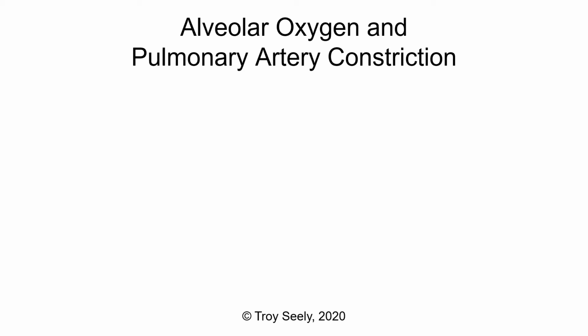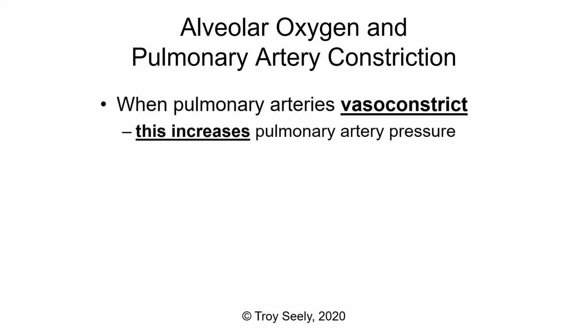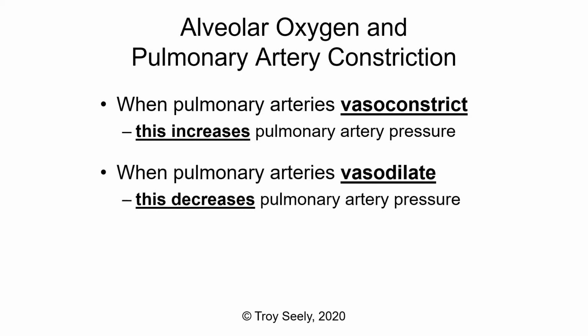And the basis of how arteries can engage, whether they vasoconstrict or vasodilate, is based around the availability of oxygen. So delving into that, when pulmonary arteries vasoconstrict, this will increase pulmonary artery pressure. When pulmonary arteries vasodilate, this decreases pulmonary artery pressure. Now, that would make sense because if you have vasodilation, you have opening, and that will in turn reduce the overall pressure of an artery.